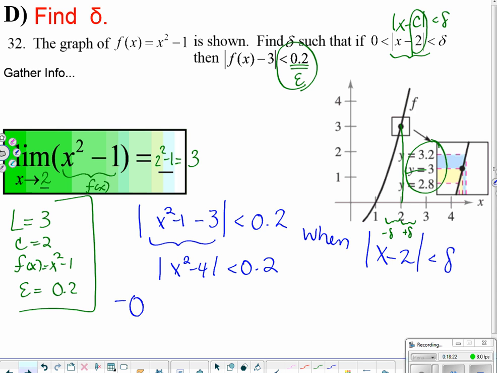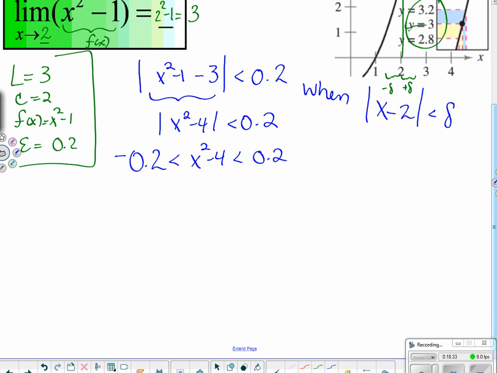That means I could write this as negative 0.2 less than x squared minus 4, less than 0.2. And what I did is I removed my absolute value, because this is like the center and I have to be 0.2 away, so I can either be 0.2 on the above side or 0.2 on the below side of my centering value here.